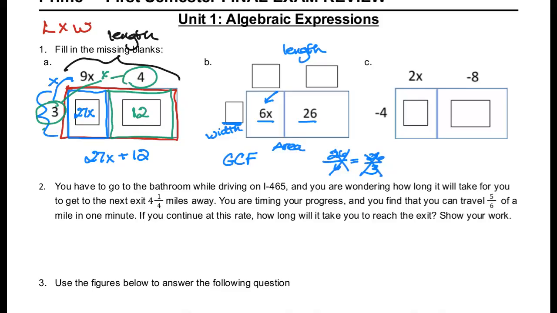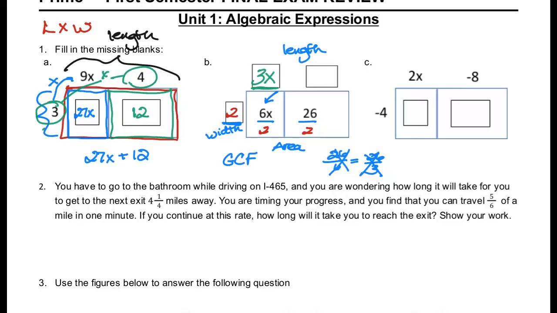3. Does 3 divide evenly into 26? No. How about 2? Yes, so we are going to divide by 2, which means that is my common width for both of those. So you are factoring that out. And 6x, factor out a 2, or 6x divided by 2. What do I have left for my length that I'm going to put up at the top? 3x.